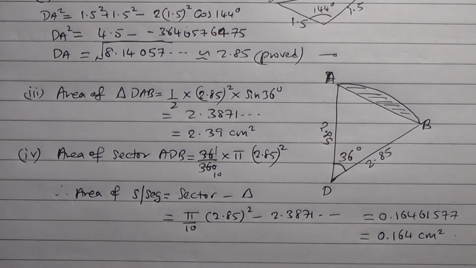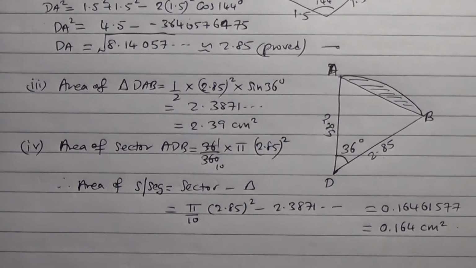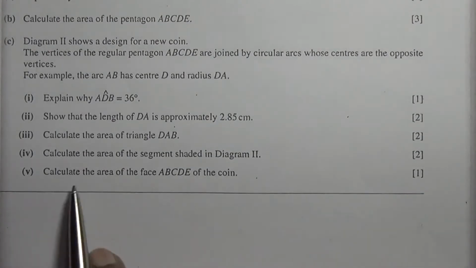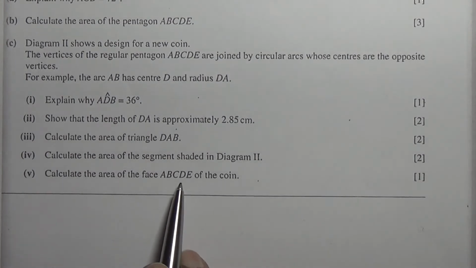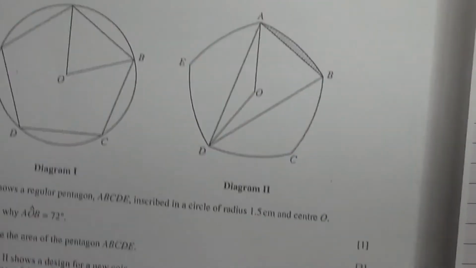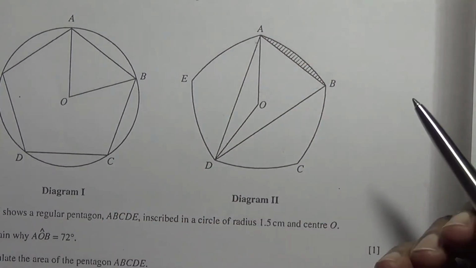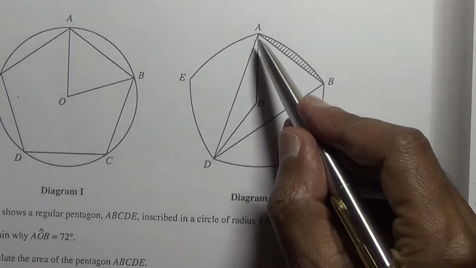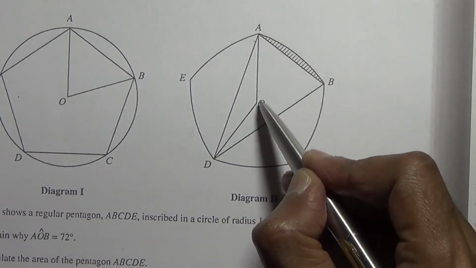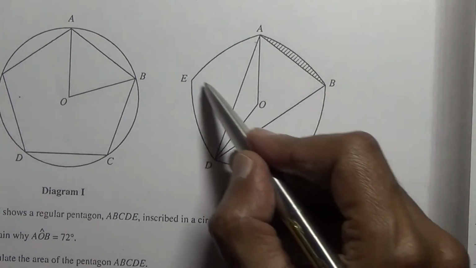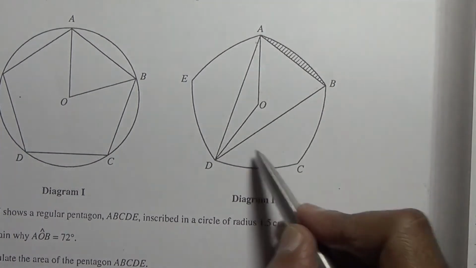Alright, so this is the fourth part. And finally they want us to calculate the area of the face ABCDE of the coin. So this is the coin. Now if you look at this coin, it's made up of 5 sectors. One here, one here, one here, and one here. So 1, 2, 3, 4, 5.